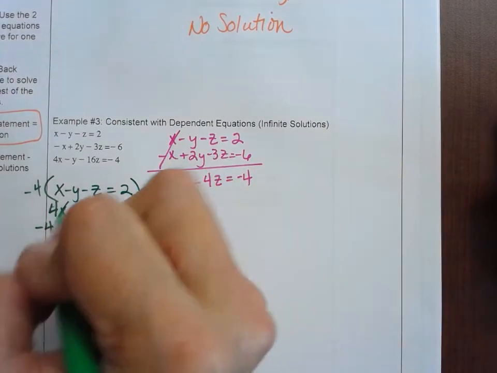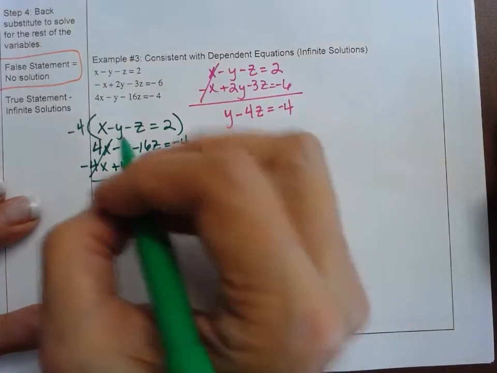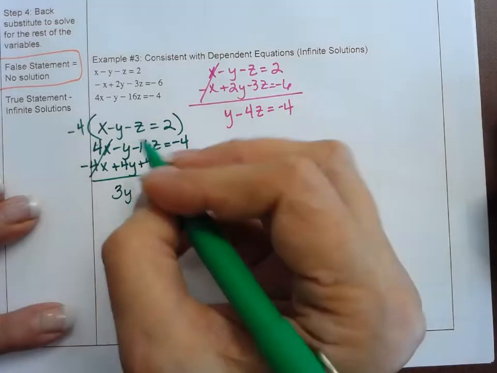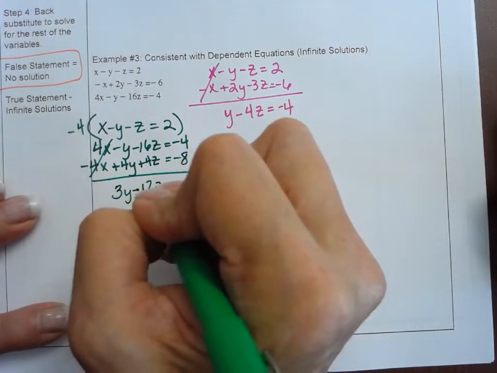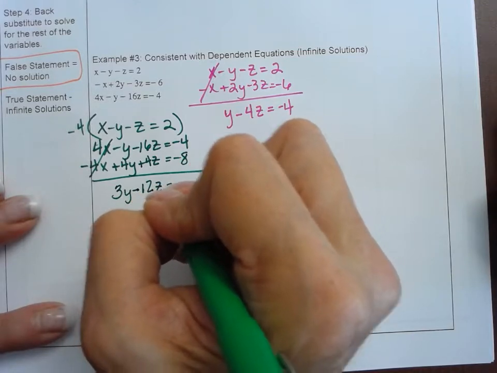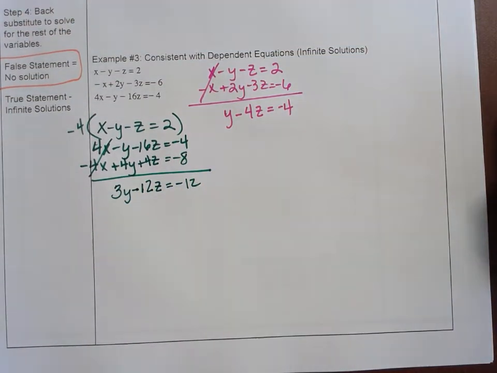And x's cancel. And I'm left with 3y minus 12z equals -12. Alrighty.